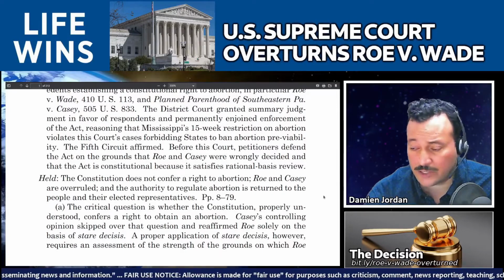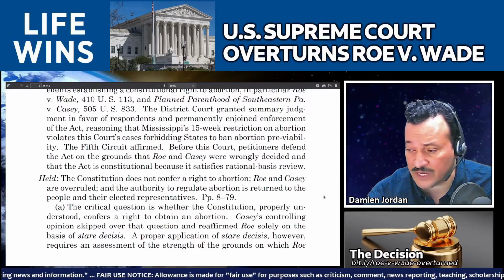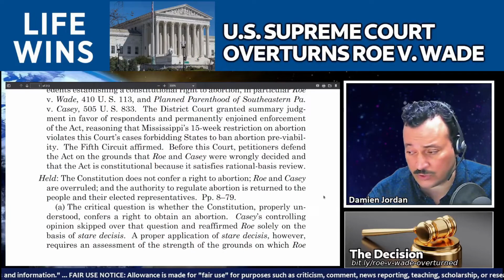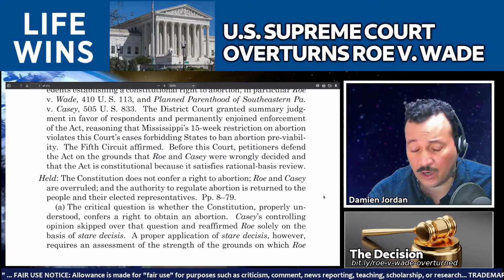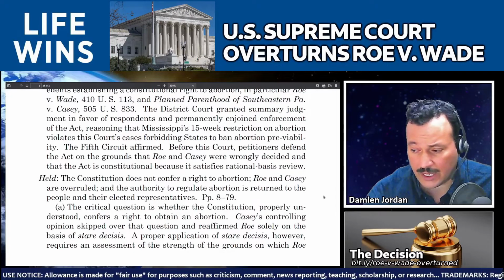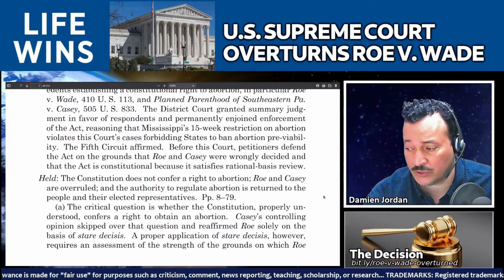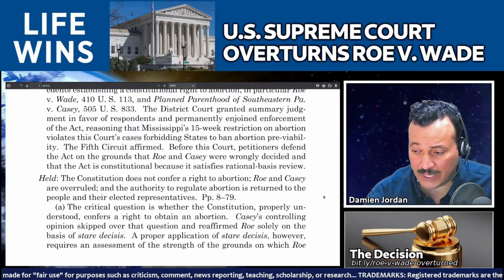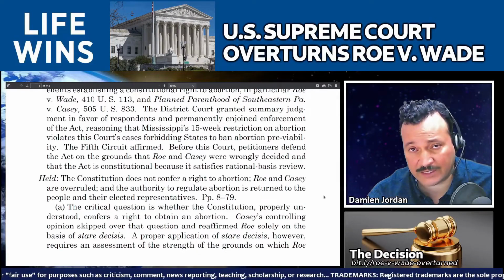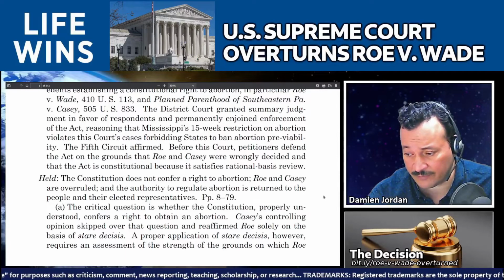Held. The Constitution does not confer a right to abortion. Roe and Casey are overruled, and the authority to regulate abortion is returned to the people and their elected representatives.